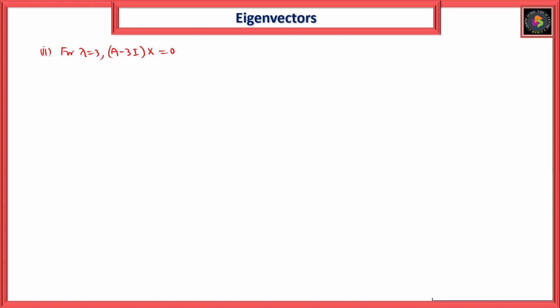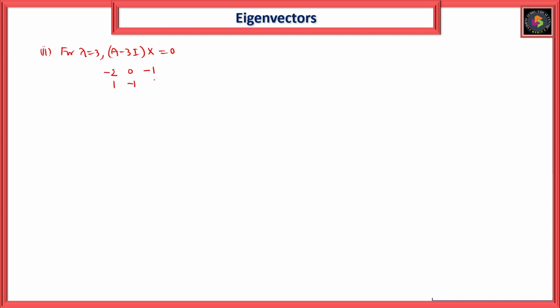1 minus 3 is minus 2. Then 0 minus 1, the non-diagonal elements stay the same. For the diagonal element A22, which is 2, 2 minus 3 is minus 1.